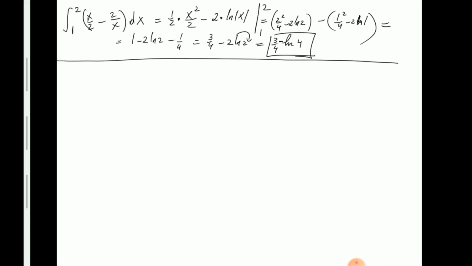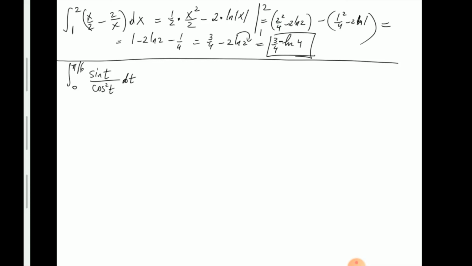All right, so this is an integral where we didn't need any method like substitution. So let's do one for which substitution is required. Let's say I want to integrate from 0 to pi over 6 the function sine of t over cosine squared of t dt. Let's use a different variable. Okay, so here's the habit that I don't like.